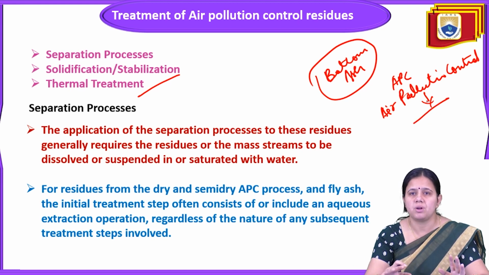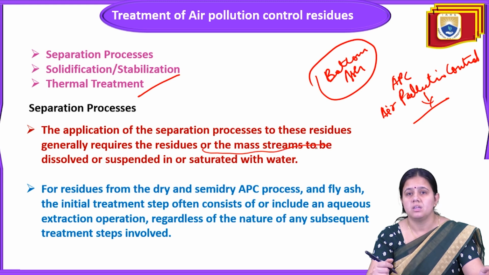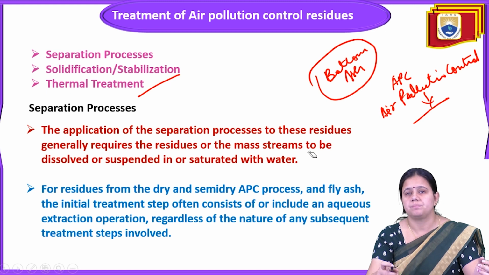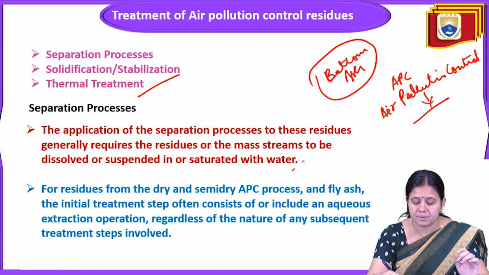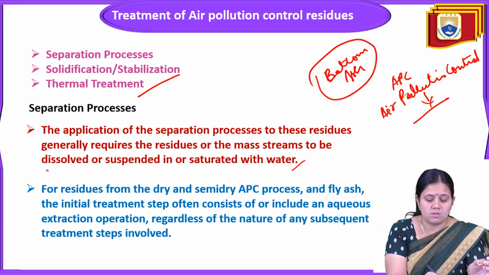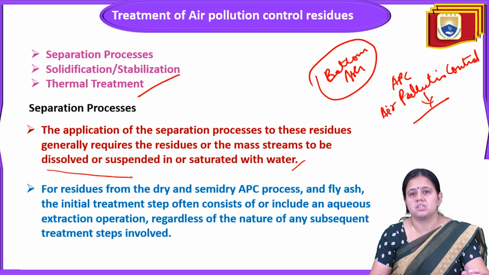In the separation process, the application of the separation process to this residue generally requires the residue or the mass streams to be dissolved or suspended in or saturated with water. That is called the separation process.